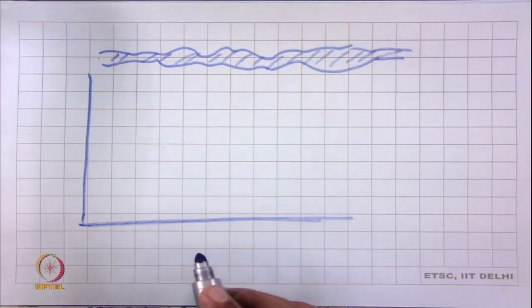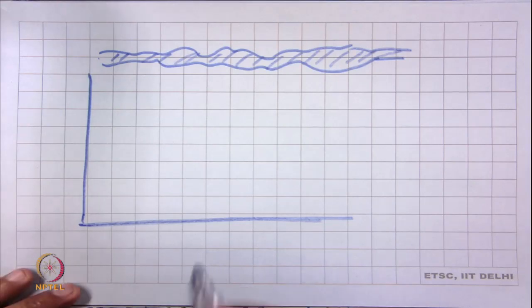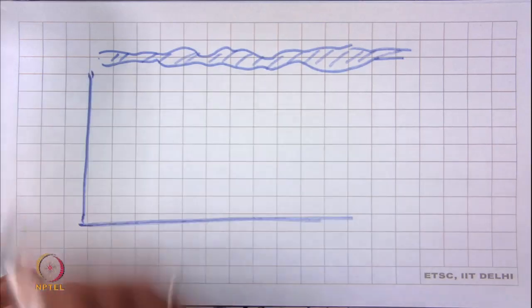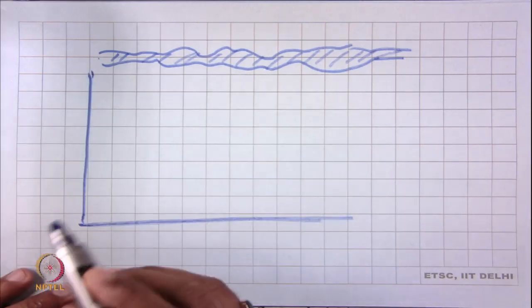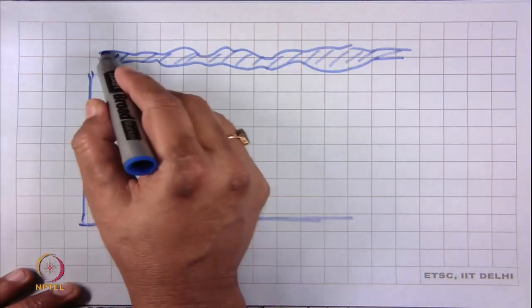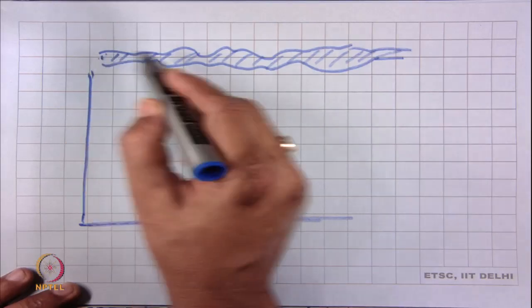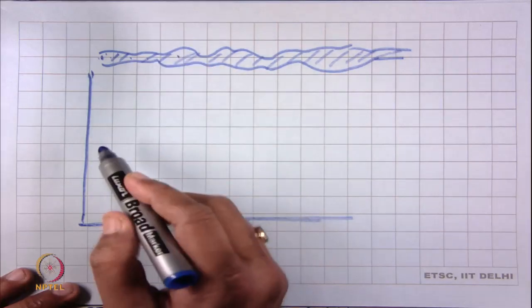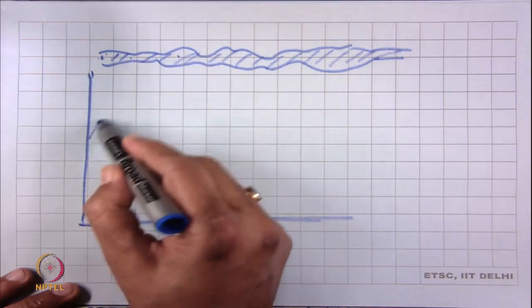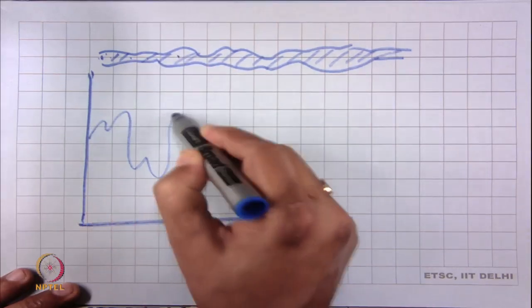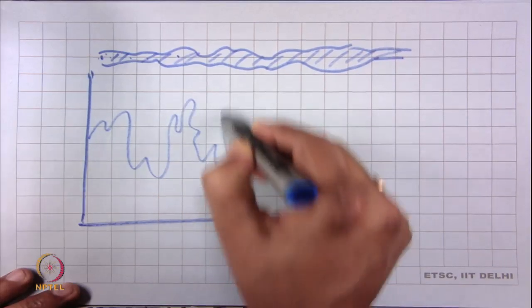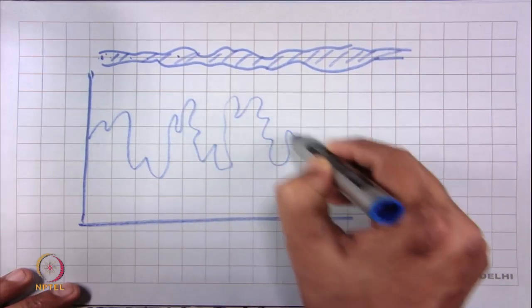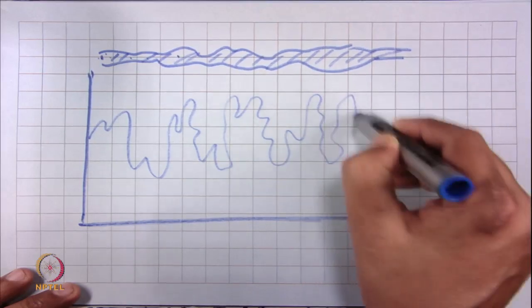Now, the yarn will break at its weakest point. Now, if we can plot the strength theoretically, if we can get the yarn strength at different points, the strength of the yarn will be like this. At different points the actual strength will be like this.